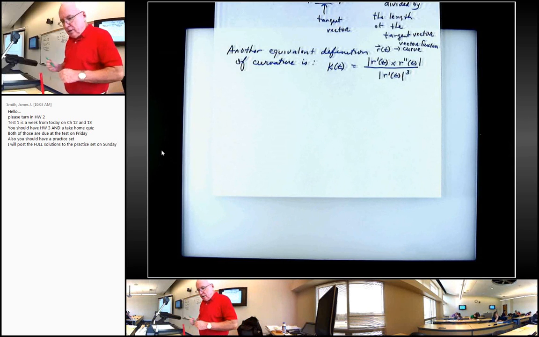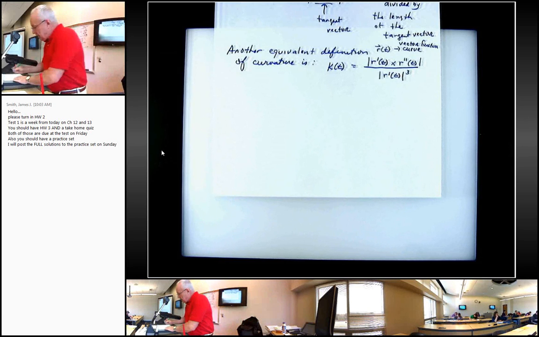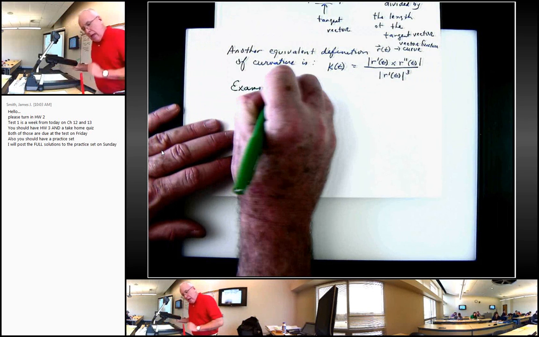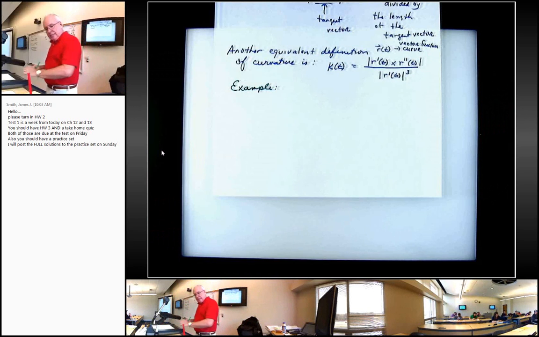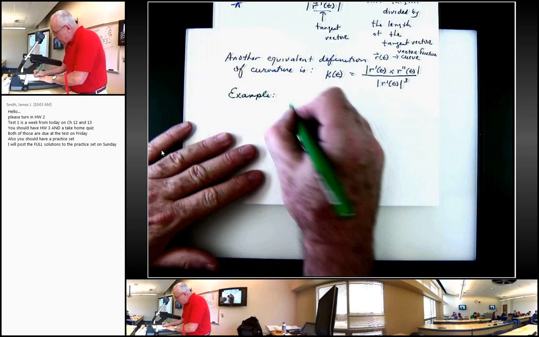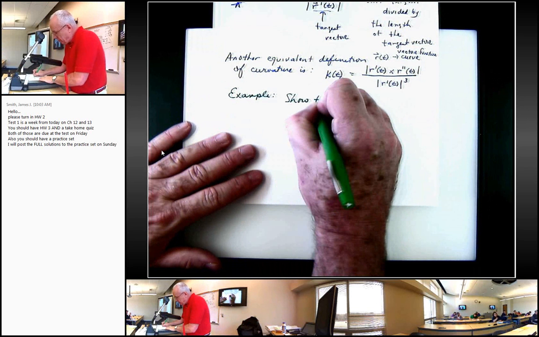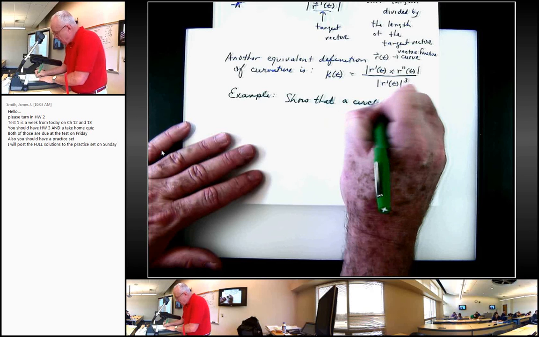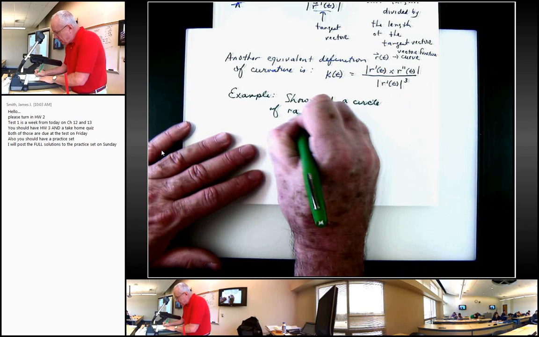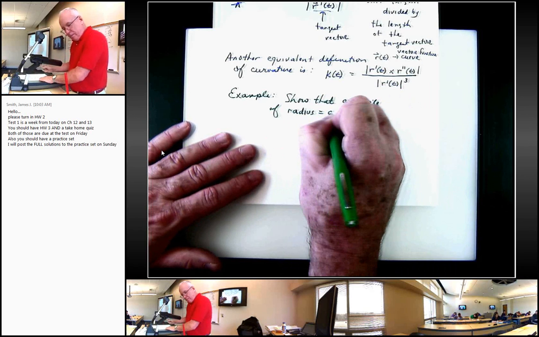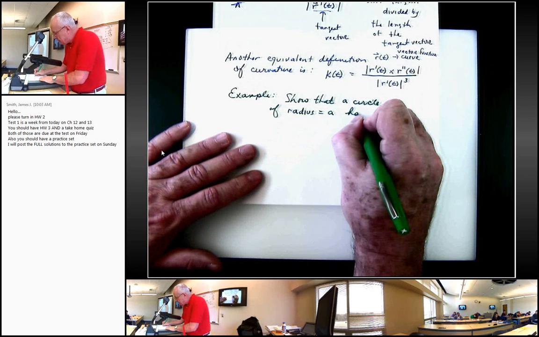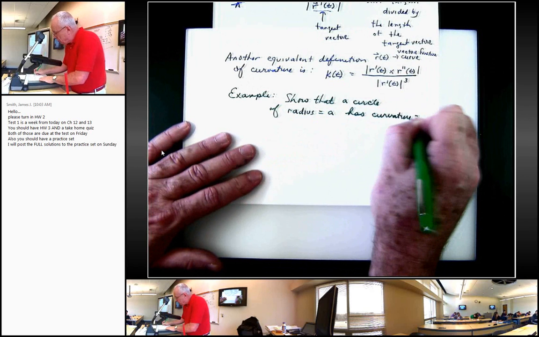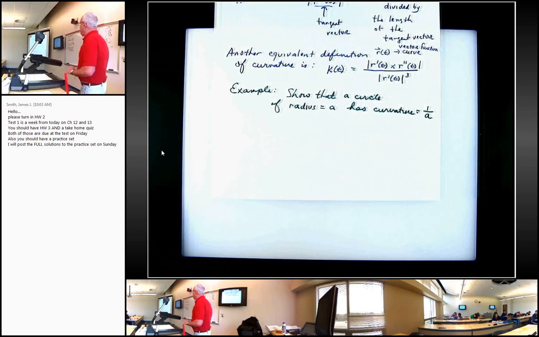Let's do this one first. This example is given in the textbook, and it says this: show that a circle of radius equal to some number a has curvature equal to 1 divided by a.